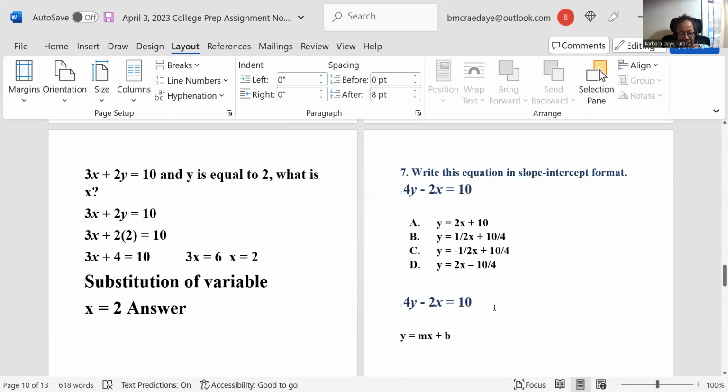So you're really taking this equation and solving it for y. All right. Now notice your x is on the right side. See the mx plus b. So you need to get that 2x on the right. And your 10 is in the right place. It's on the right. That's your b.